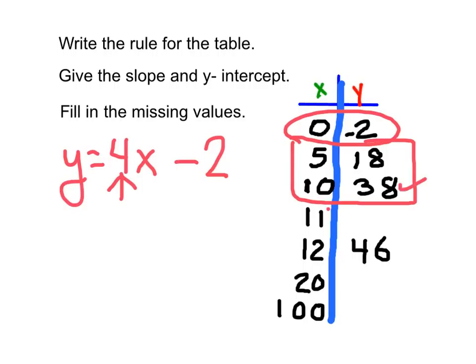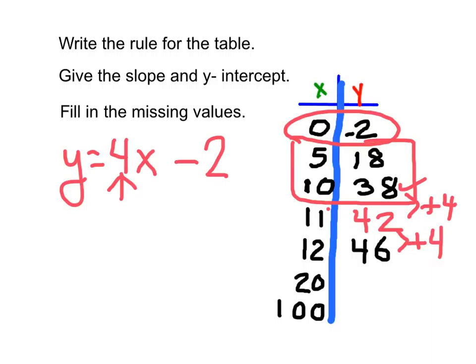So this rule works. Our growth rate is going to be 4. Alright, if that's the case, then when x is 11, then y is going to equal 11 times 4 minus 2, which is 42. And that fits right in line with the values of 12 and 46. So that just again shows me that's a growth rate of 4.